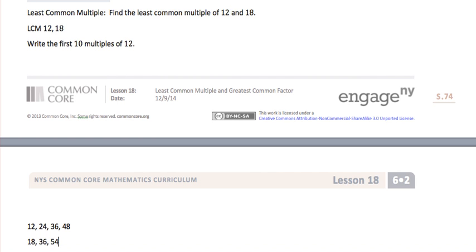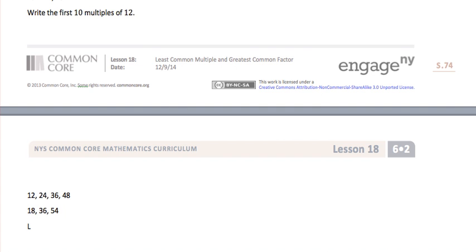And we're going to stop there because if we're paying attention, we already know that there are two numbers on the list already that are in common. And we are looking for the least common multiple. So in this case, we're looking for the smallest number that is in both lists. And we find that 36 is the smallest number in both lists, which means that our least common multiple is 36.